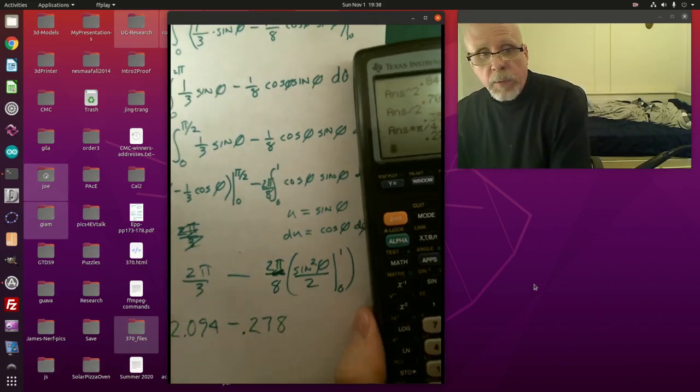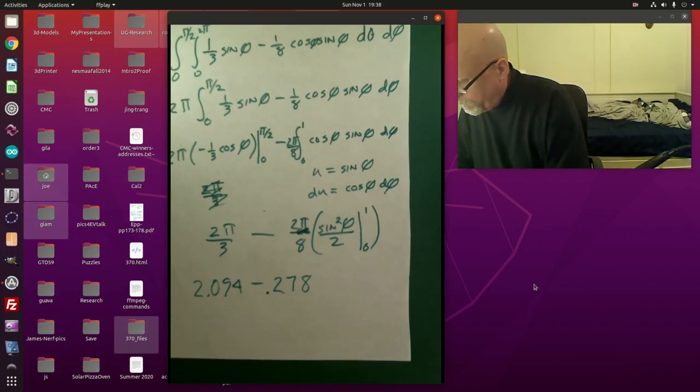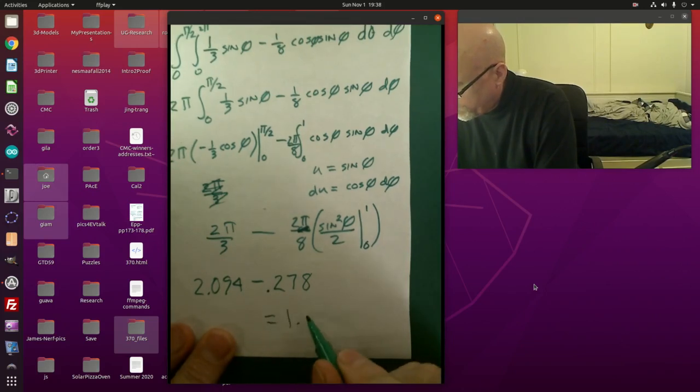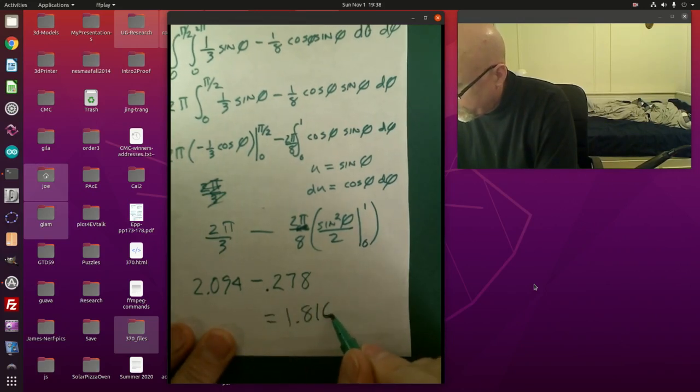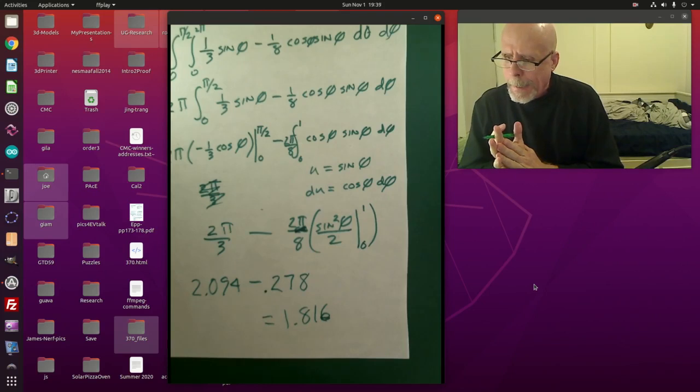So finally, we've got a mass for our guy. It's 2.094 minus 0.278, which comes to 1.816. If we want to, we could then get the moment from the xy plane, which would be integrating the z coordinate times this.